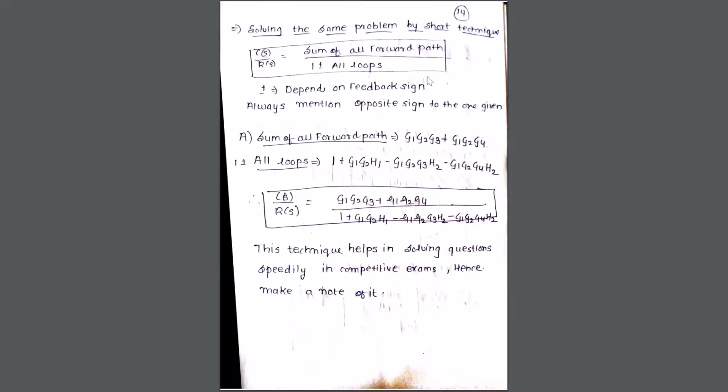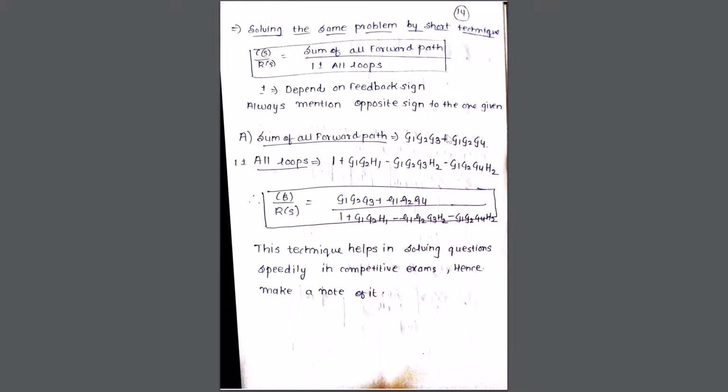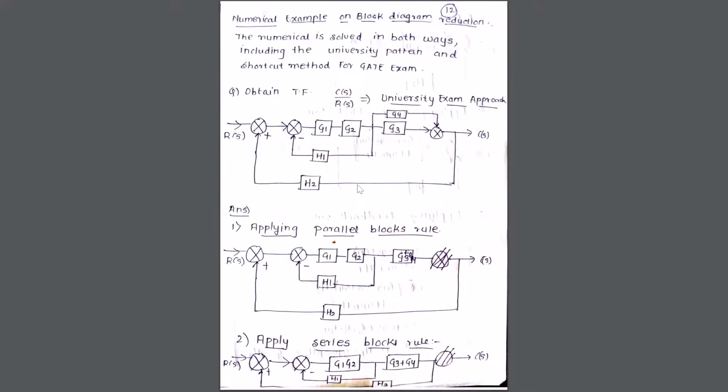What does the formula say? Sum of all the forward paths. Forward path is a path from R of S to my C of S. So it's going to be G1, G2, G3 and G1, G2, G4. Others, if you see, are kind of feedbacks, so you cannot take those as a forward path.